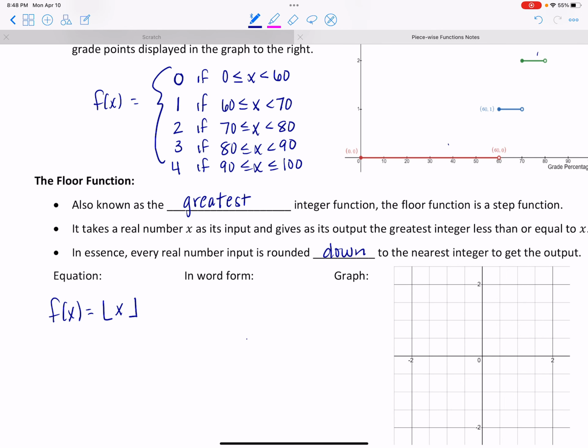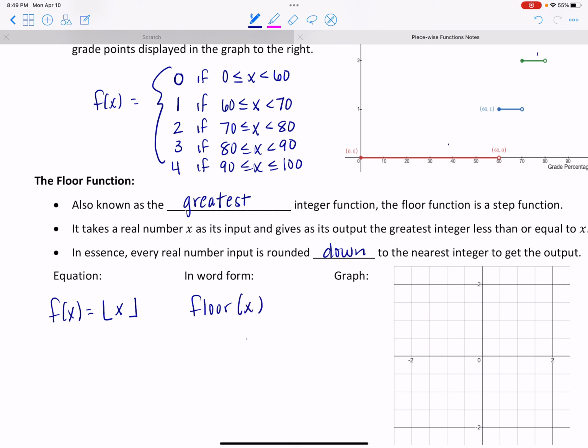I like that the missing part of the bracket is that top part, right? We have the bottom part, which is reminding me to round down. That is what we're doing with our floor function or our greatest integer function. In word form, and if you do any kind of coding, you'll see this. We just call this the floor of x.